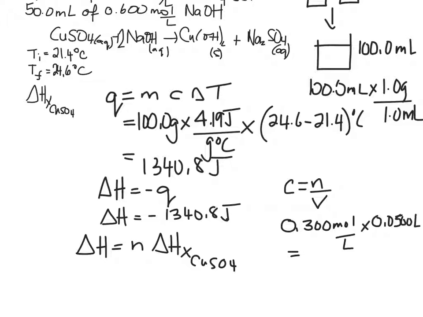So now we have our delta H, and we have the number of moles. We can find the molar enthalpy. So either substitute your values into the formula and solve for N, or use dimensional analysis.